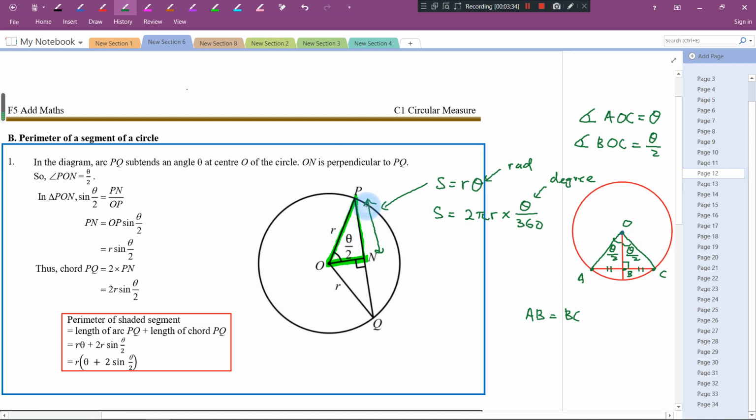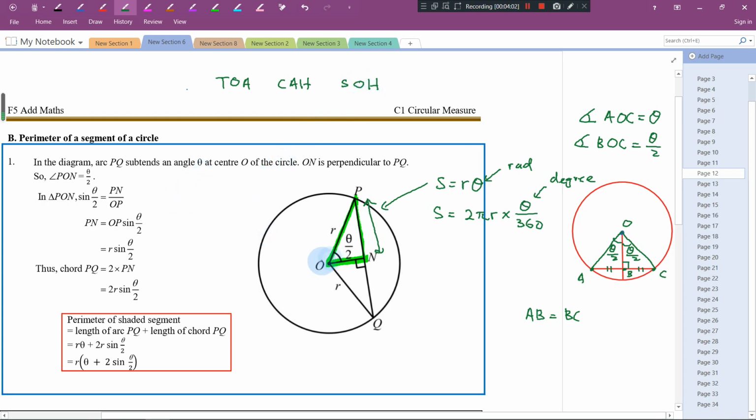Once I get the length of PN, I times 2, I will get the chord length PQ. SOH CAH TOA. Tangent is equal to opposite divided by adjacent. Cosine is equal to adjacent divided by the hypotenuse. And sine is equal to opposite divided by the hypotenuse.